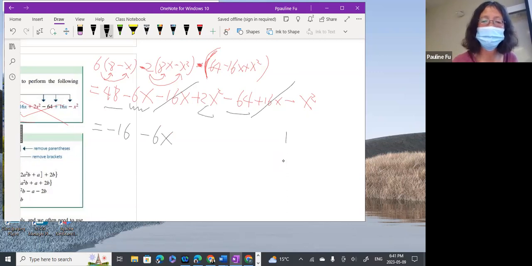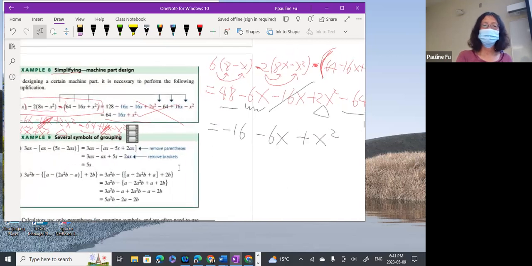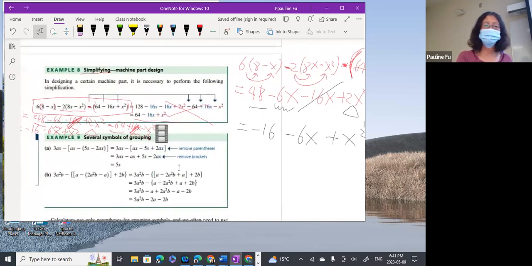And then 2x squared minus x squared equals x squared. So this is the final answer. Hope that answered your question, Tyler. Okay, great. All right, any other questions? See, the textbook provides the wrong answer.